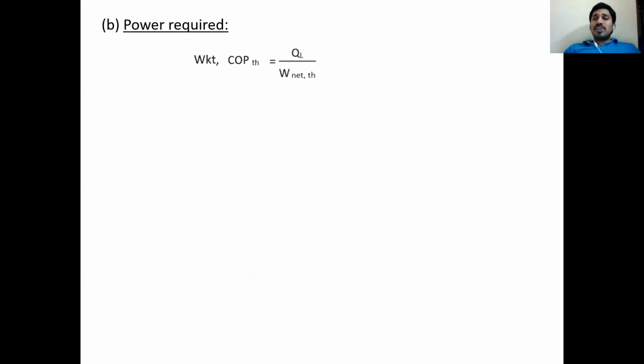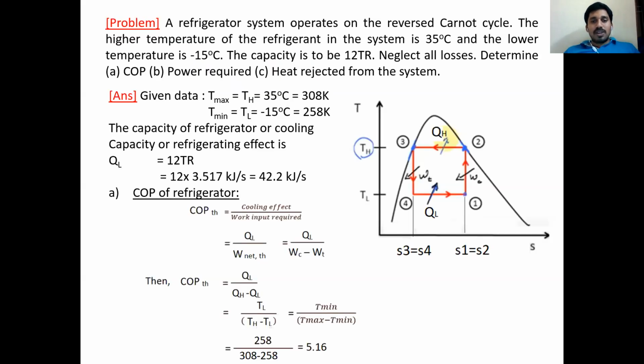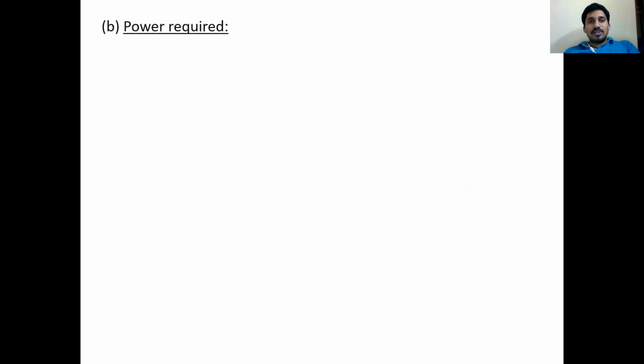One more equation I have given here: COP is equal to QL by W net theoretical, the work input required to drive the compressor. The same equation I have written on the second slide. COP theoretical is equal to the refrigerating effect QL over the net work input required to drive the compressor, W net theoretical.